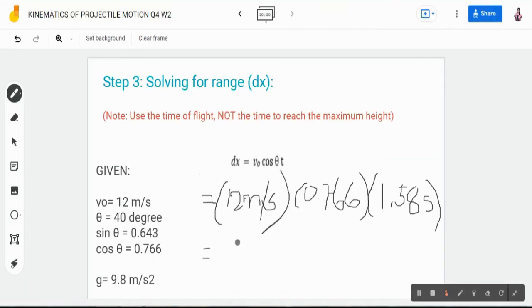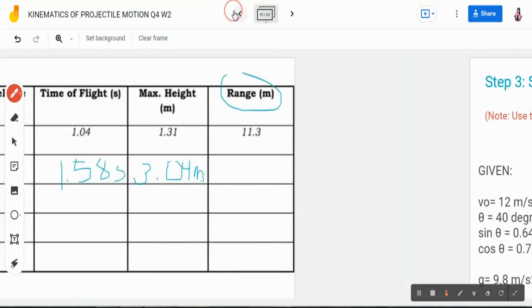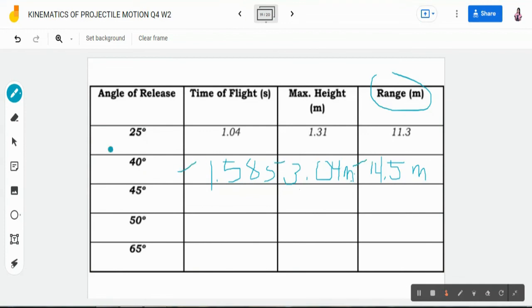So, ito yung ating final answer. Na-cancel out yung dalawang seconds, matitira meter. So, ito yung ating range. So, that's it. Kumpleto na. Lagay lang natin, 14.5 meters. So, ayan. Kumpleto na yung ating time of flight, maximum height and range for 40-degree angle of release.